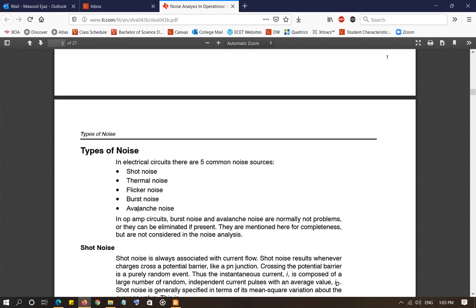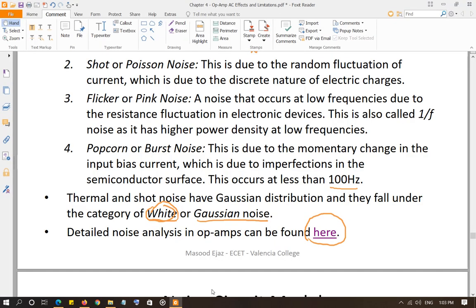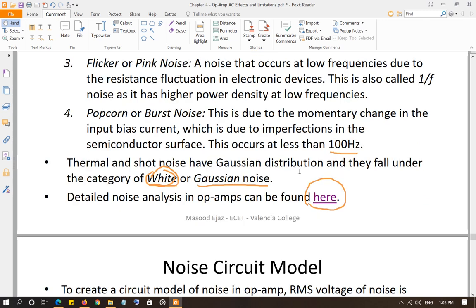There's also an avalanche noise, which is not discussed in your book, but they are discussing it, so you can look at it as well. And we're just going to keep our discussion of noise up to this level. We're not going into any more detail than this.